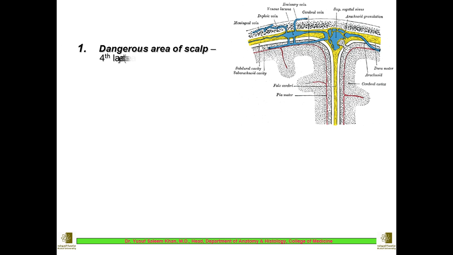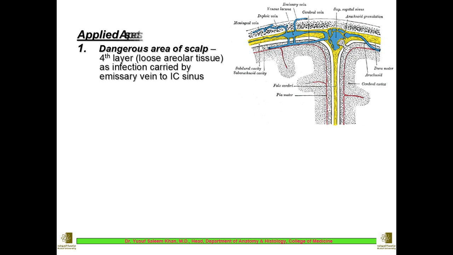Now coming to a very important applied aspect related to the scalp, the dangerous area of the scalp. There is an area of the scalp which might sometimes lead to spreading of the infection from the outside to inside. So especially the fourth layer of the scalp, that is called the loose areolar tissue, because it is loose and lax.